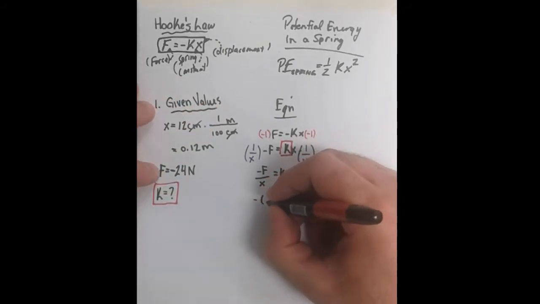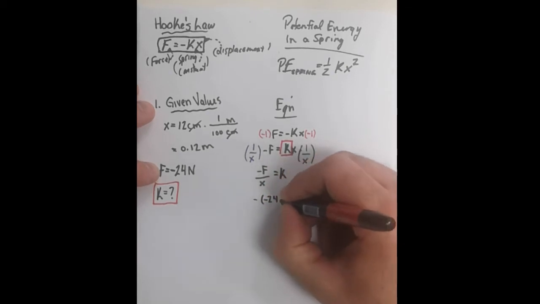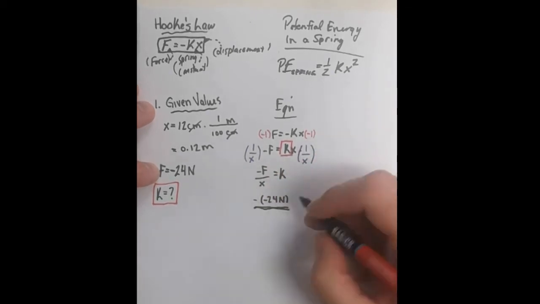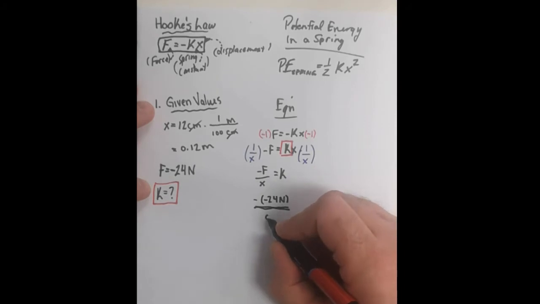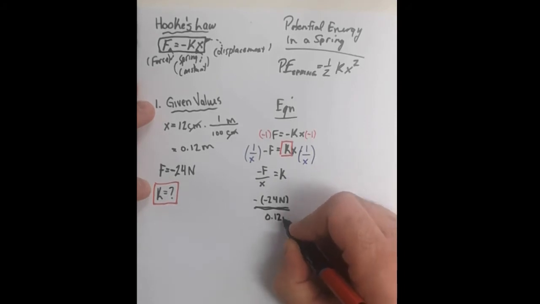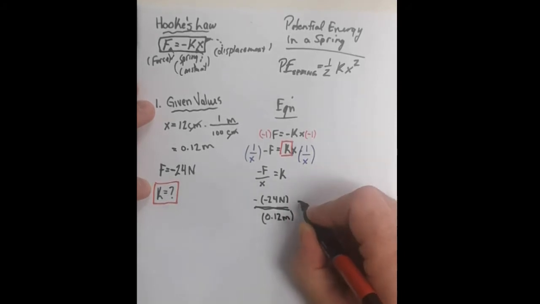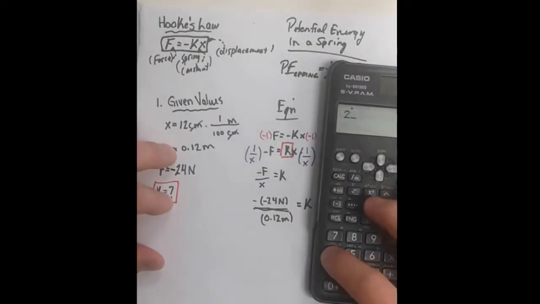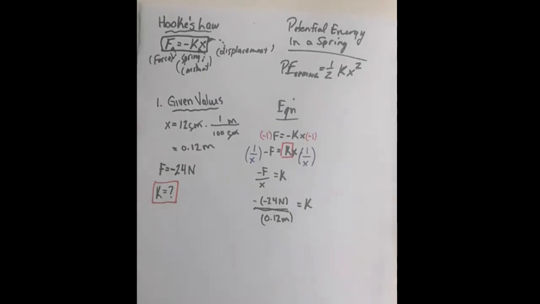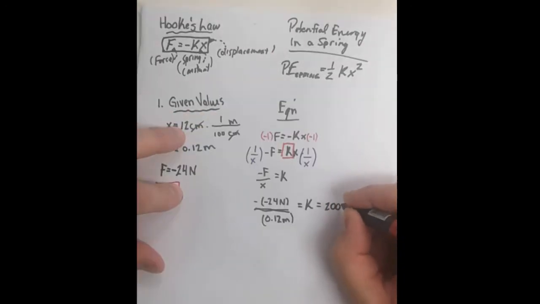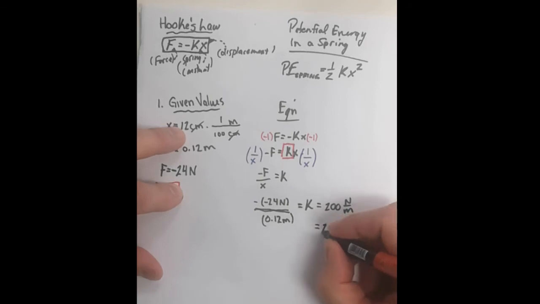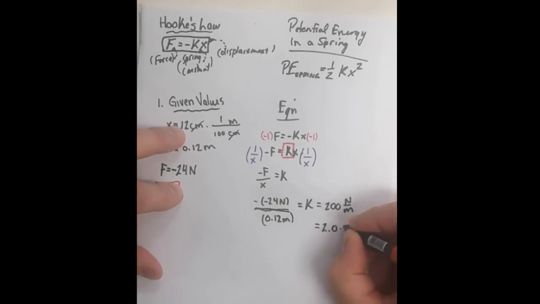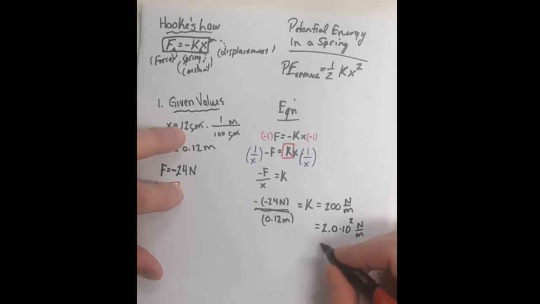Our negative F is negative 24 newtons over x, which is 0.12 meters. That's equal to our value of k, which equals 200 newtons over meters. We might also express this as 2.0 times 10 to the 2 newtons over meters.